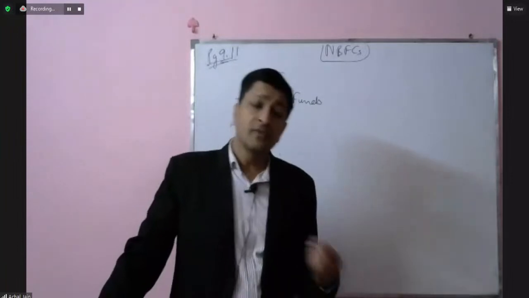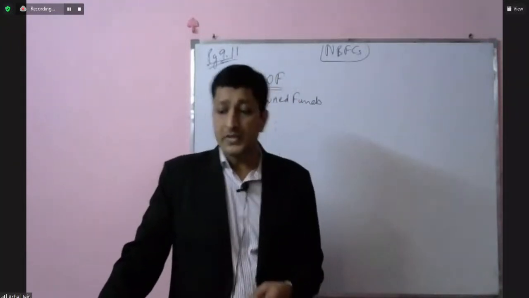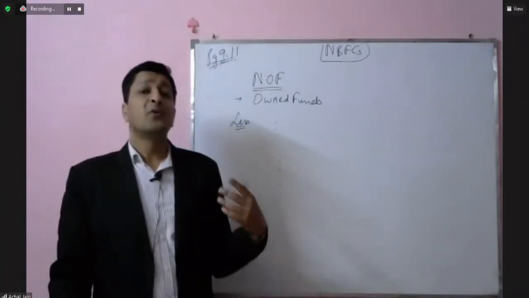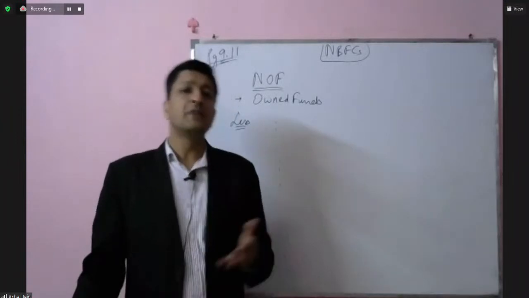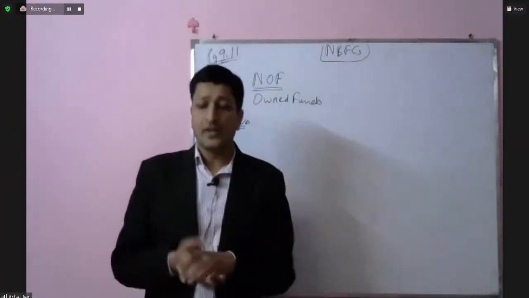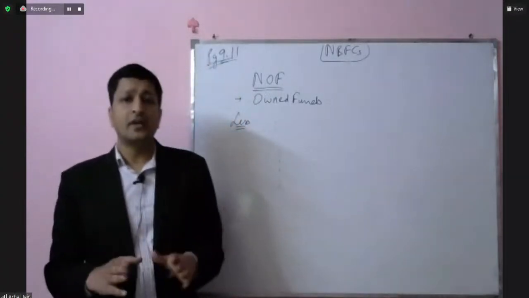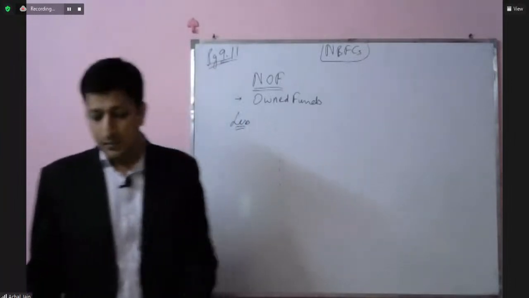Prudential norms will be quite similar. Here again, we have capital adequacy requirements. Here again, we have provisioning requirements. Here again, we have NPAs. So most of the things you will find similar over here. The criteria may be different, but the underlying concepts will be similar.